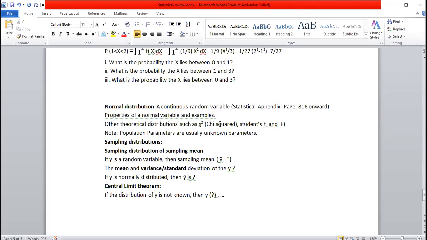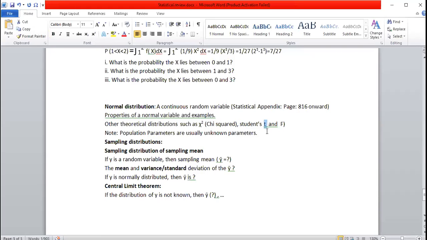So the F distribution also goes from where to where? From 0 to infinity. T, however, is a ratio of chi-square and F. Let me make sure, no, Z and F. T is a ratio of a Z distribution and an F distribution.